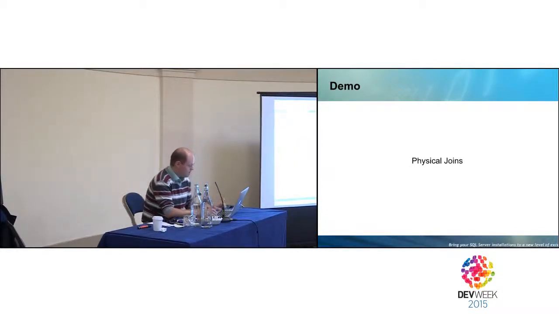I have here a simple hash join between two tables, the table Person and PersonPhone. So you can see in the execution plan, SQL Server performs the hash join. SQL Server has chosen the PersonPhone as the outer table because in that table we have only 19,900 rows, and in the table Person, well, we have also 19,900 rows, but as you can see, the row size of the other table is a little bit smaller.